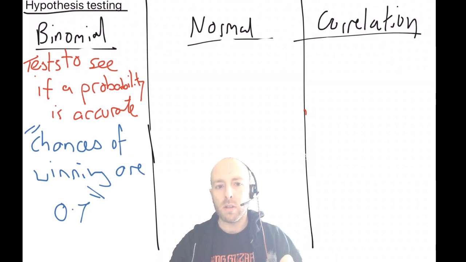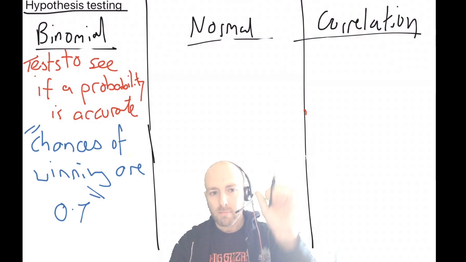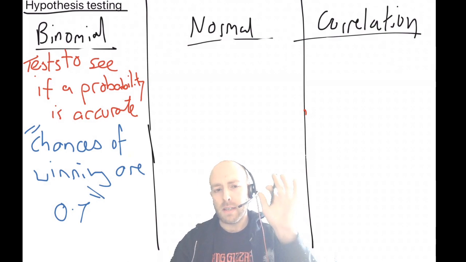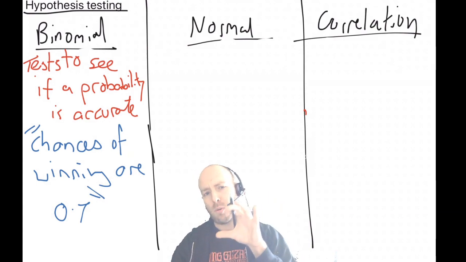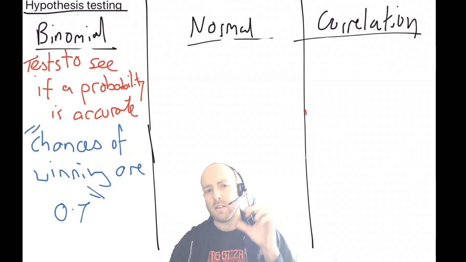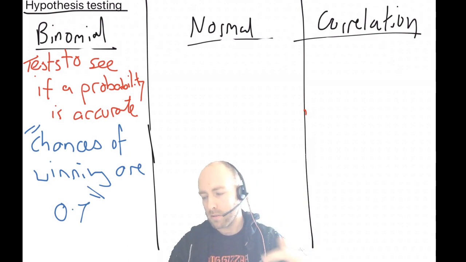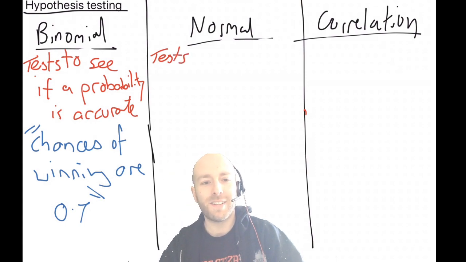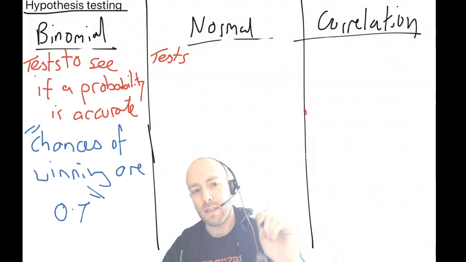So in the normal distribution, again, we're going to have a population. And for that population, we have a stated mean. So they might say the mean of this is something. We're then going to take a sample from the population, see what our mean is, and say, okay, does this mean seem likely for our sample given the mean of the population is meant to be whatever. So this one tests parameter, that's the word I was looking for. So binomial tests the probability parameter, normal tests the mean parameter.